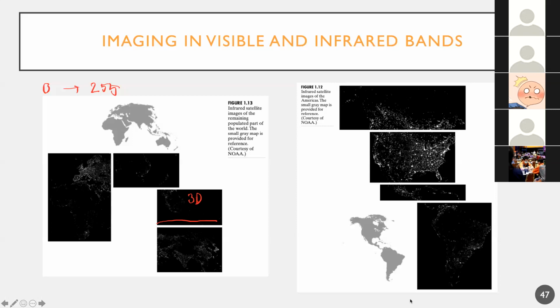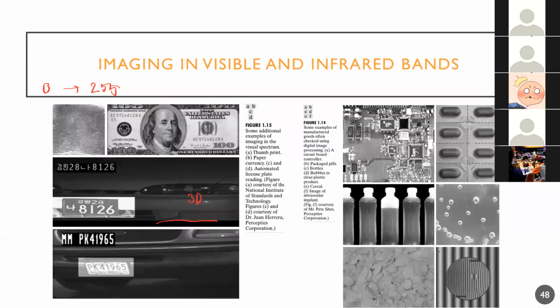So you see it's quite beneficial, right? And we've talked about it already, like fingerprints, you can recognize a bill or license plate, and you can monitor or observe, detecting some defects on circuit boards, or count the number of pills, or take a look at the levels of the water in the bottle in industry, or the bubble in the plastic.